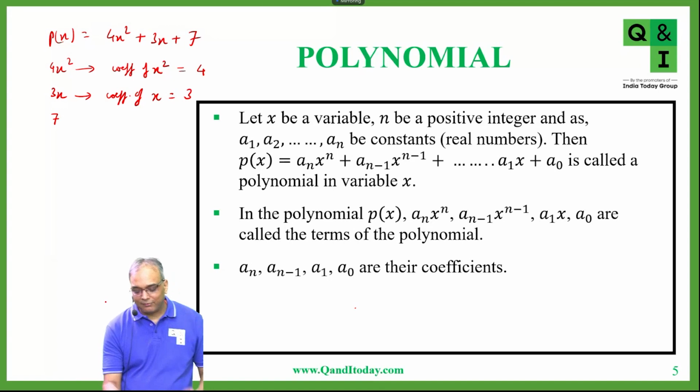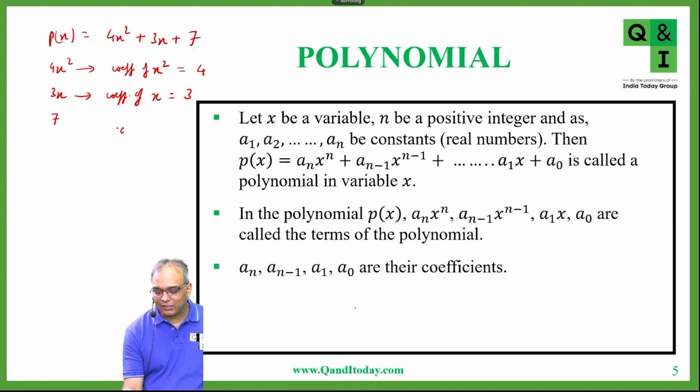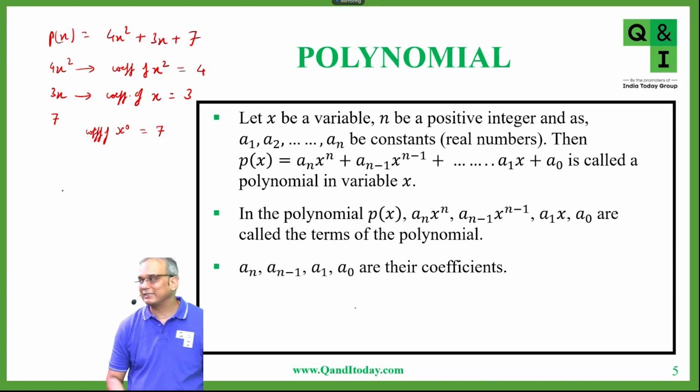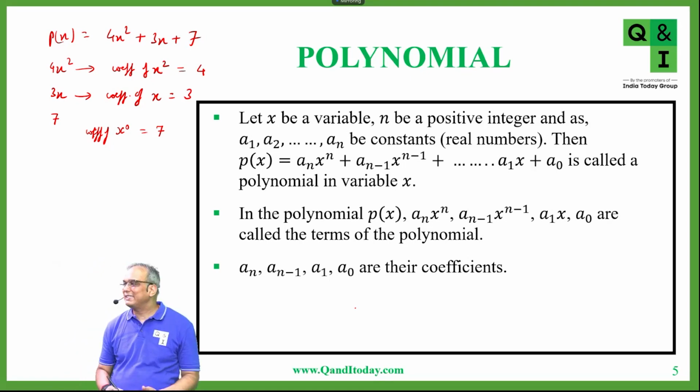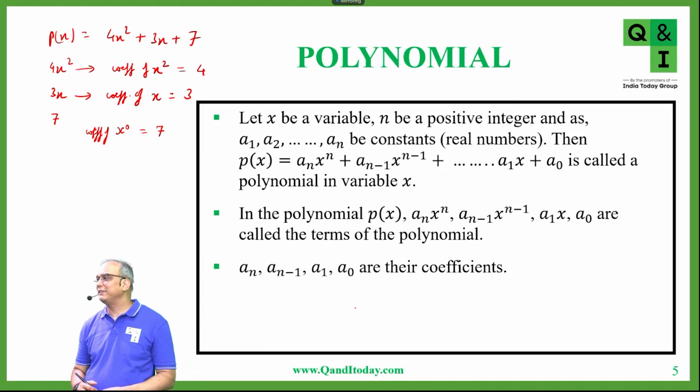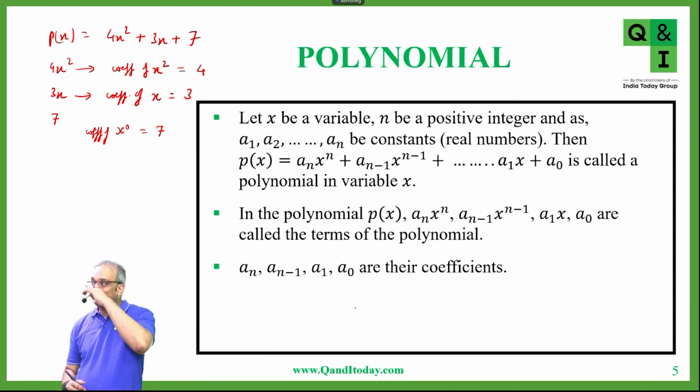If someone asked what is the coefficient of x to the power 0, I can write it as 7, or 7 can also be written separately as a constant term. Now, is it clear to everyone what coefficient means? So we have seen three things.